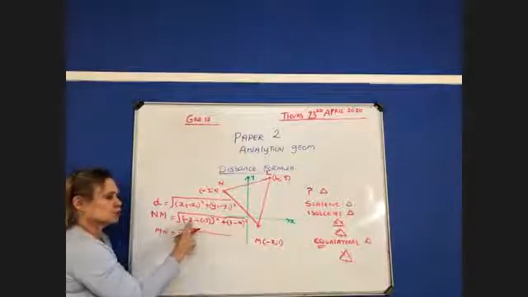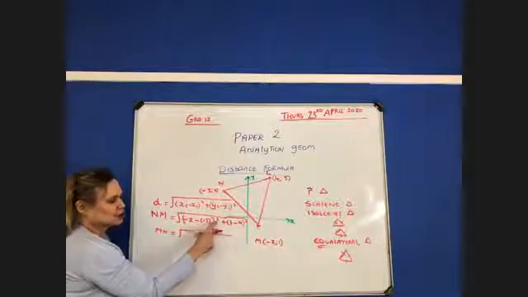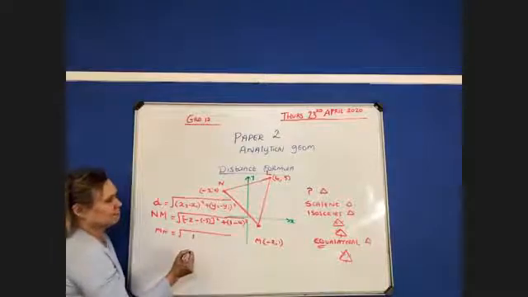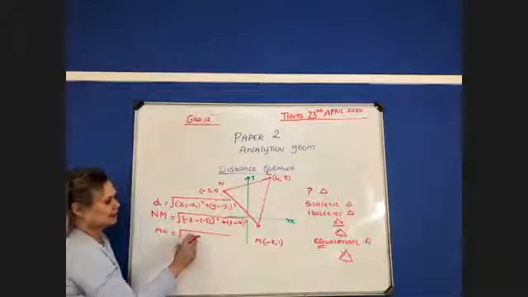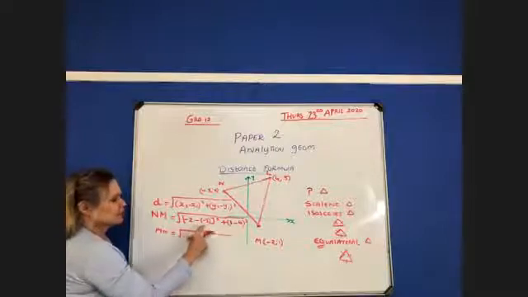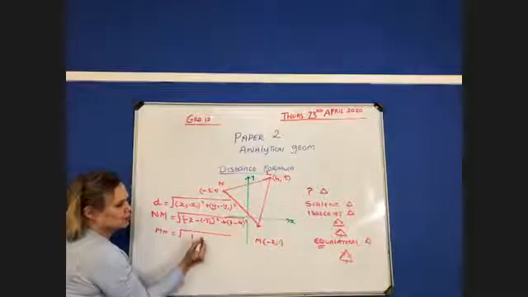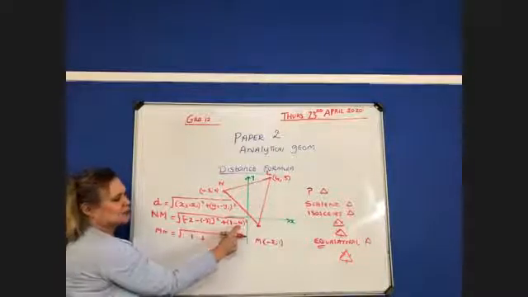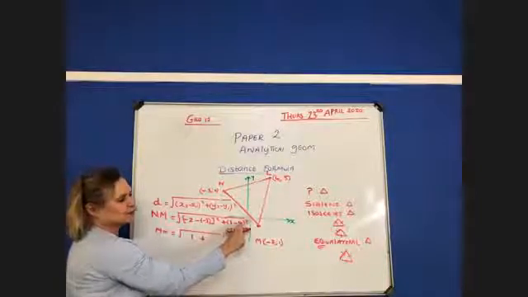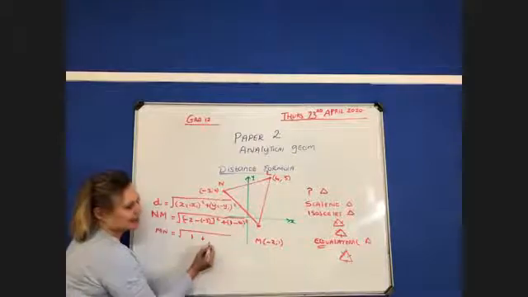So minus 2 plus 3 becomes 1, and 1 squared is just 1, plus 1 minus 4. 1 minus 4 is negative 3, but if you square it, you're going to get 9.